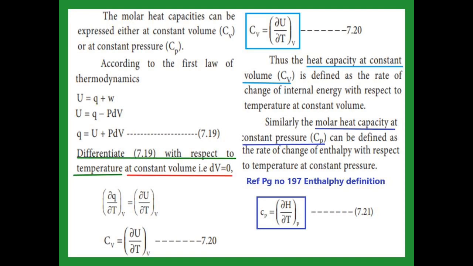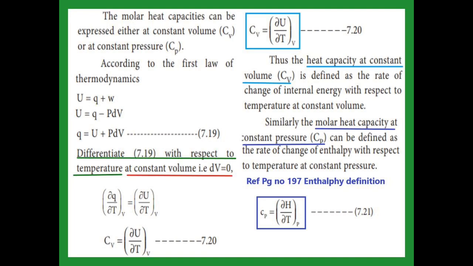At constant pressure, the volume changes, so it is minus P dV, and we get Q equal to U plus P dV. At constant volume, the initial and final volume are the same, so there is no change in volume, so dV equal to 0.